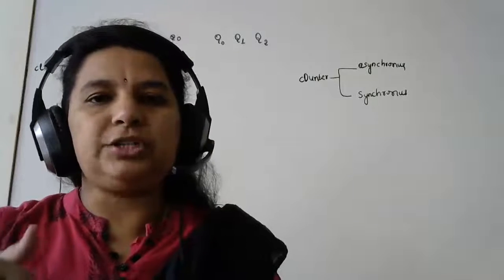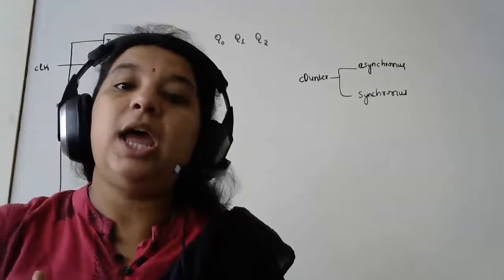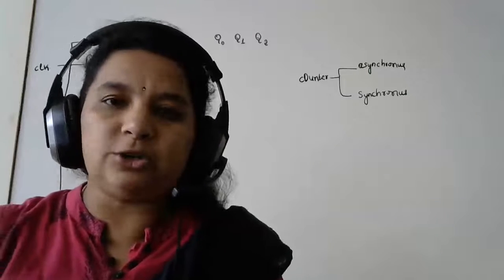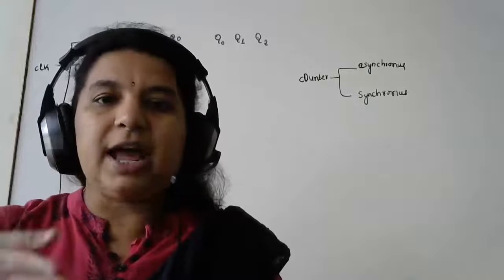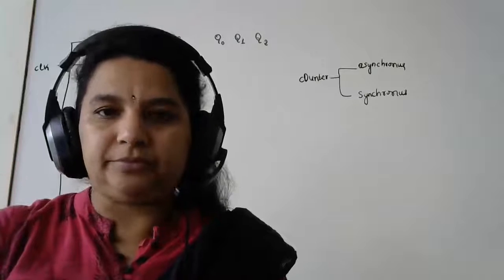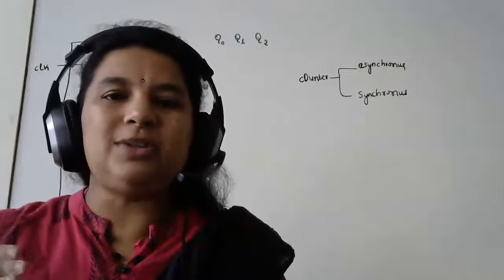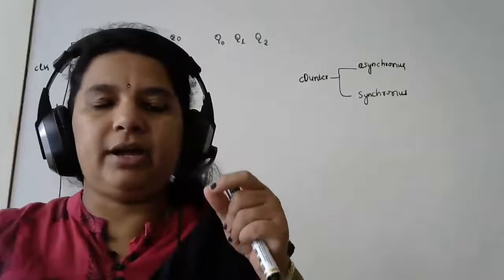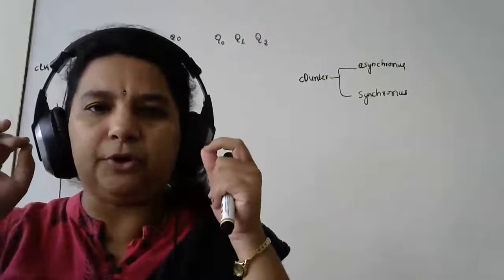Now the next question is, what do you mean by synchronous and asynchronous? When I call my counter a synchronous counter and when I call it an asynchronous counter, whenever I apply a clock, if I get the response immediately as soon as I apply an input. Remember these terms forever.